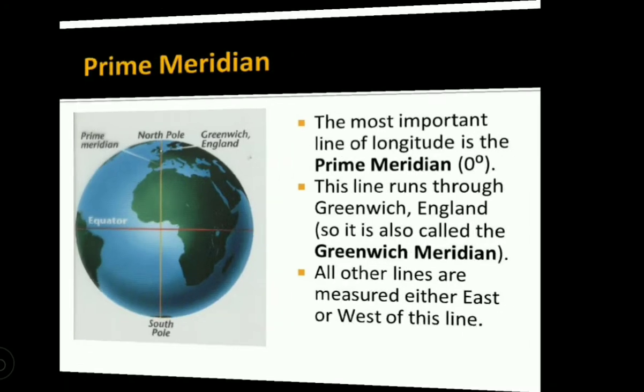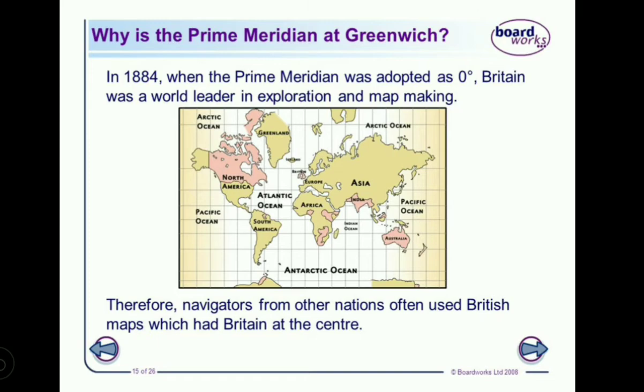Next, why is the prime meridian at Greenwich only? In 1884, when the prime meridian was adopted as 0 degrees, Britain was a world leader in exploration and map making. So they took the chance to make the world map in 1884.